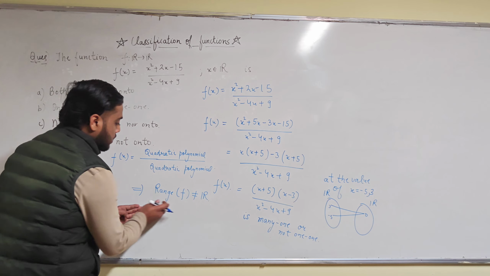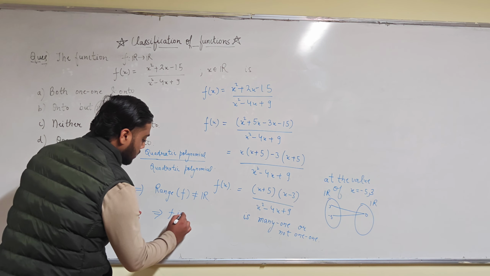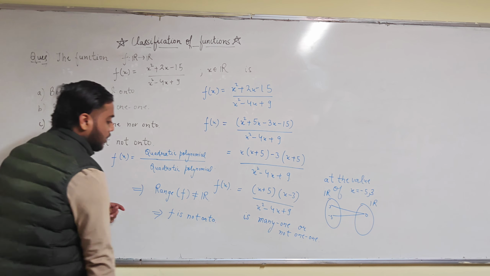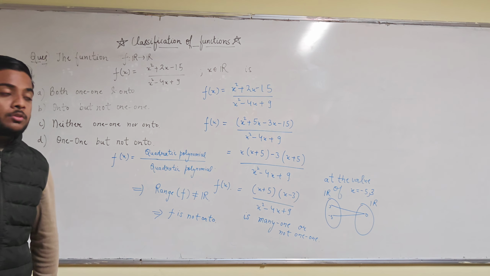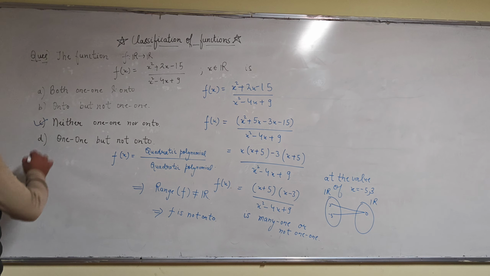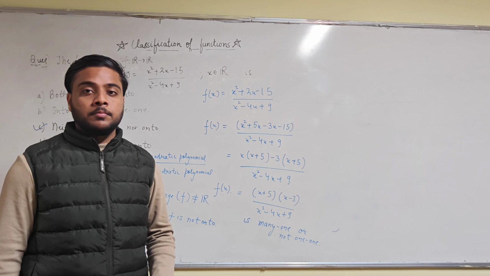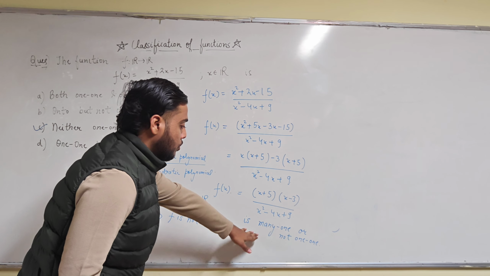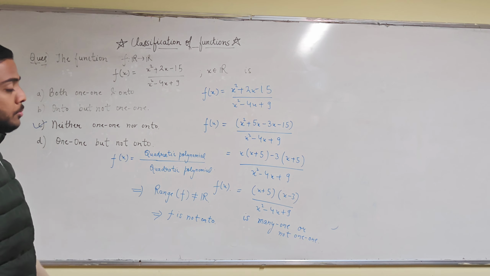So this fact says the function is not onto. So which option? Neither one-one nor onto. So option C is correct. This question is not one-one and not onto, so the third option is correct.